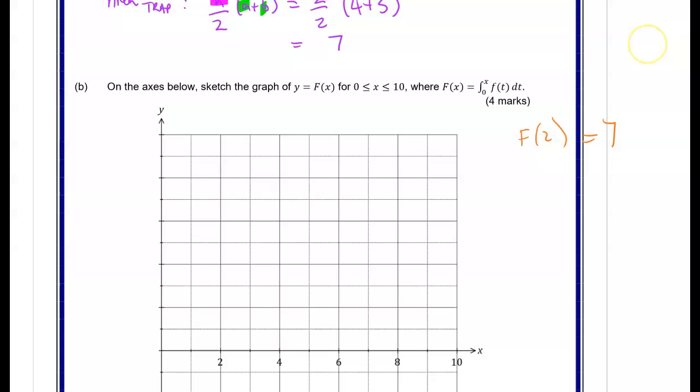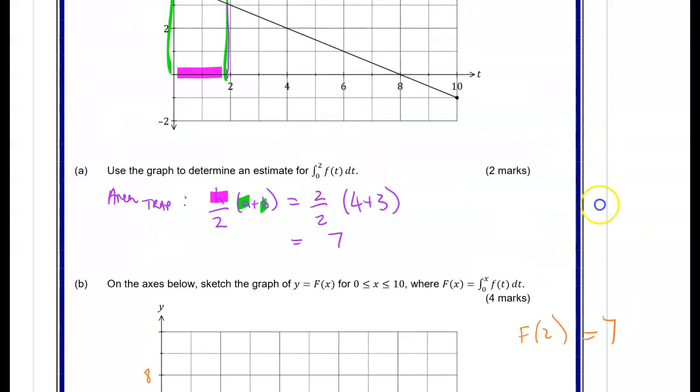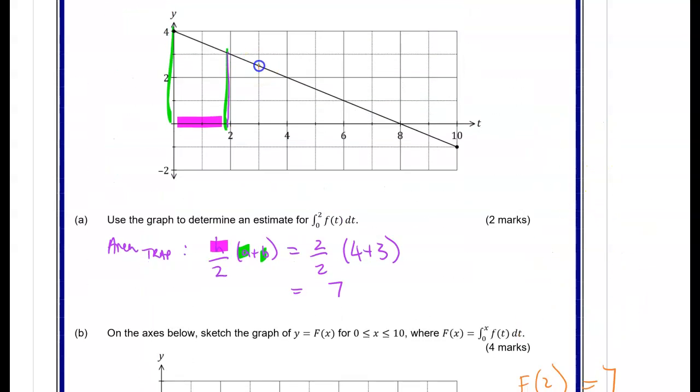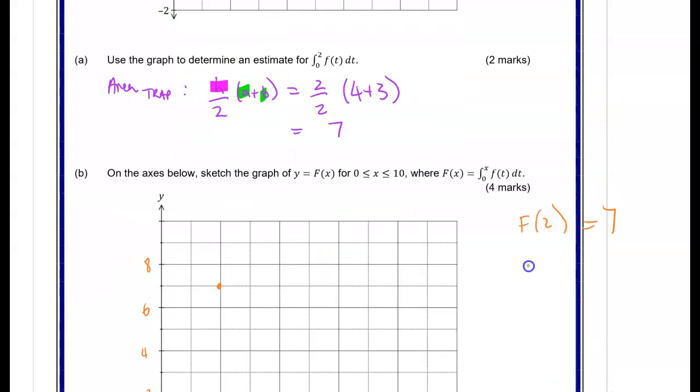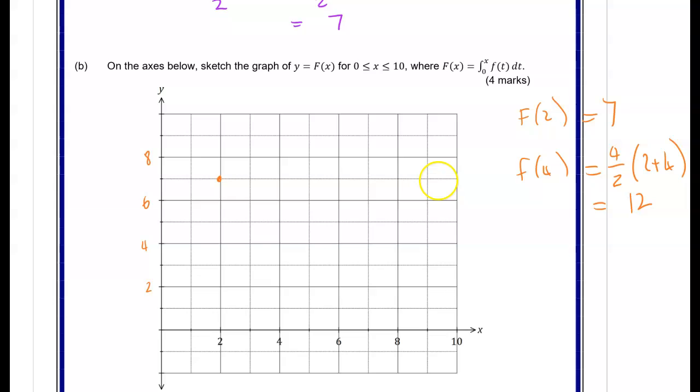There's 1 point. 2, 4, 6, 8. So f of 2 is 7. And then if we keep going, we can do a few more. F of 3, or actually f of 4, it's probably a bit easier. So using that trapezium idea, we get 12.